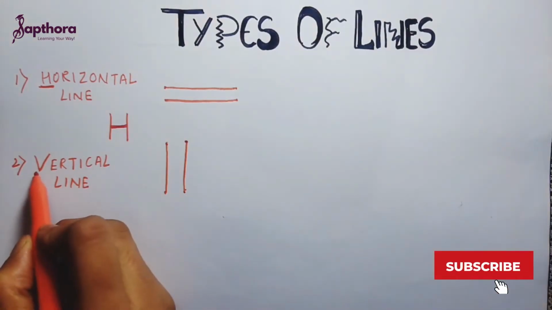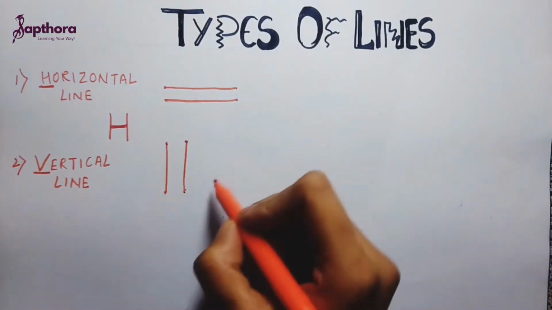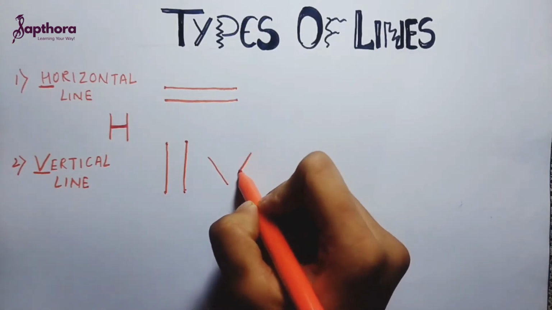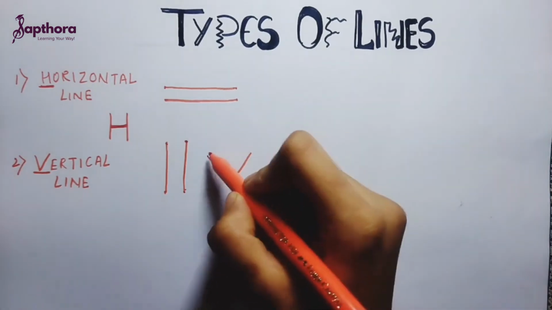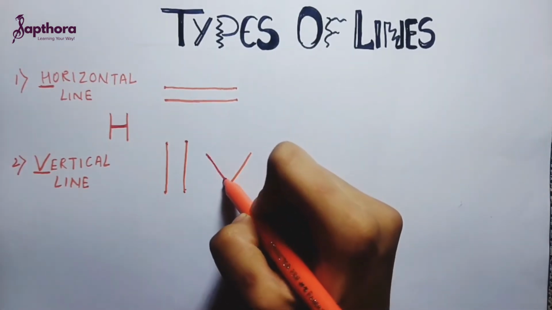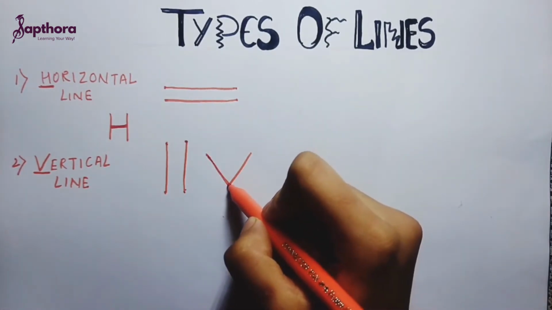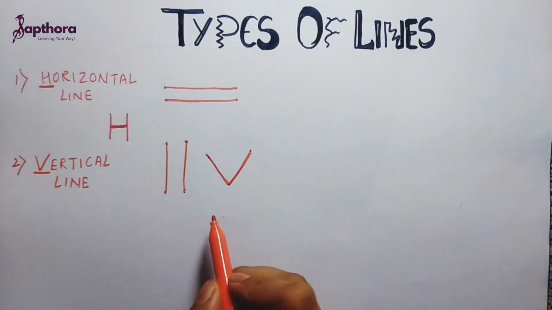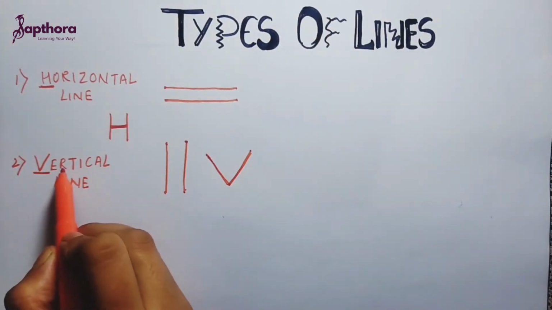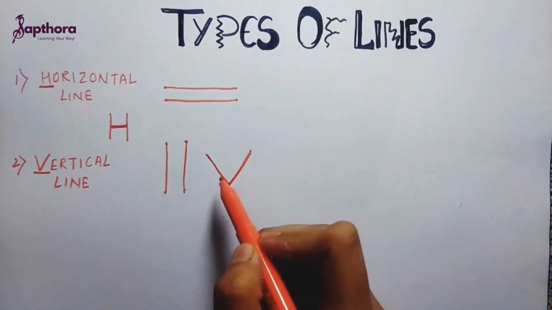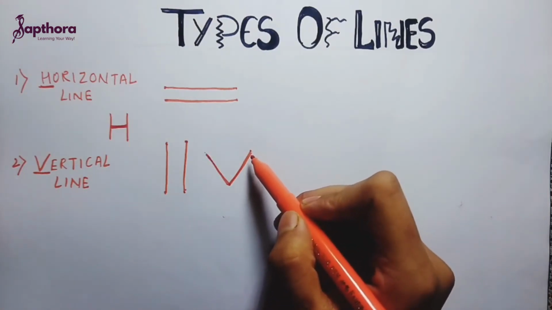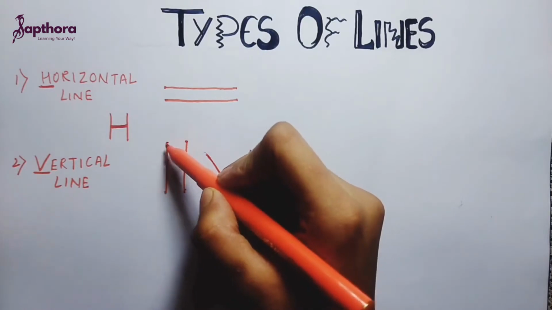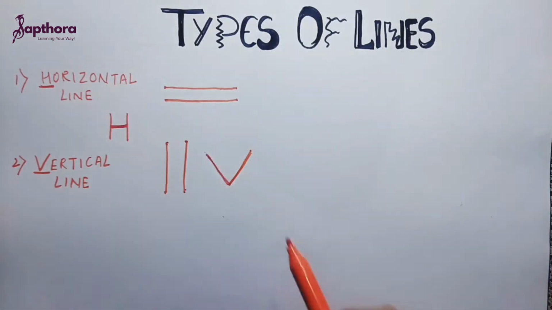If you see the very first letter of the word vertical, that is V, you will see two lines, one that goes from up to down and another which goes from down to up. And the lines which go from up to down or down to up are known as vertical lines.